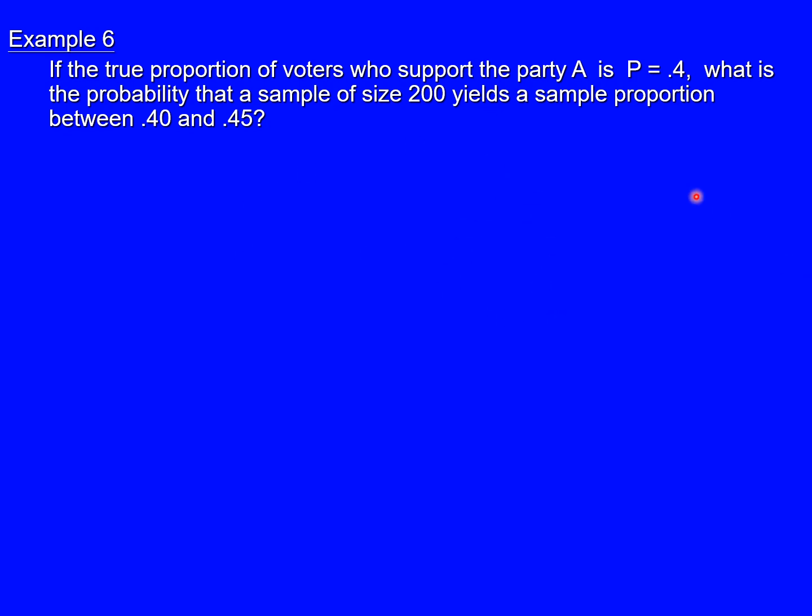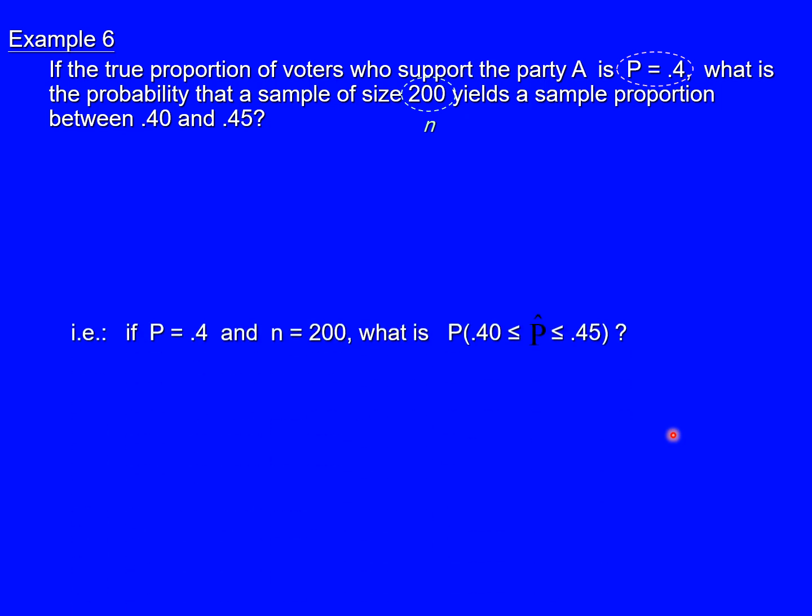So we have all we need here. The sample proportion and n is large enough. If we compute n times p and n times 1 minus p, they are all greater than 5, so we can calculate the probability.